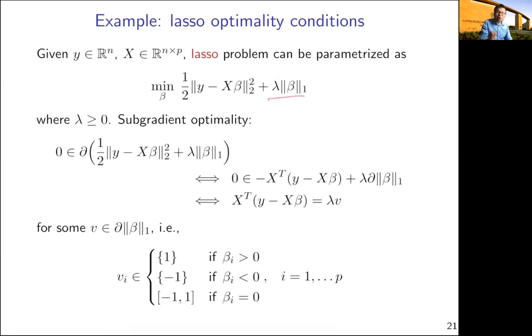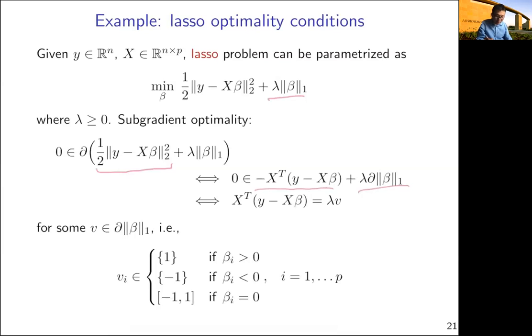So let's work out the subgradients. By applying the rule of subgradient and using the fact that the first part of this objective function is differentiable, we can simply get the first part being the gradient and the second part being the subdifferential of the one norm of coefficient vector beta.